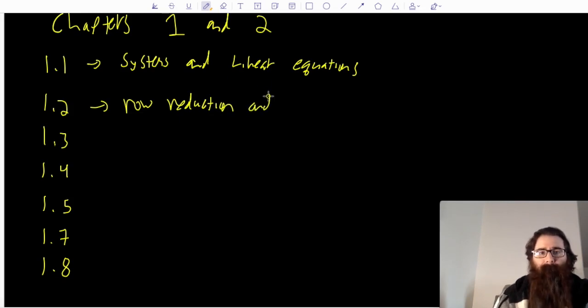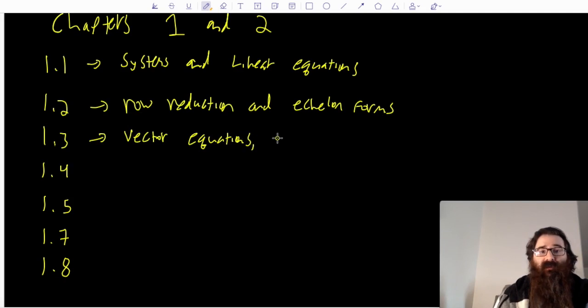Row reduction and echelon forms. 1.3, we had vector equations. We also introduced the notion of span in the section as well, so I'll include that. 1.4, we have the matrix equation, the matrix equation AX equals B.